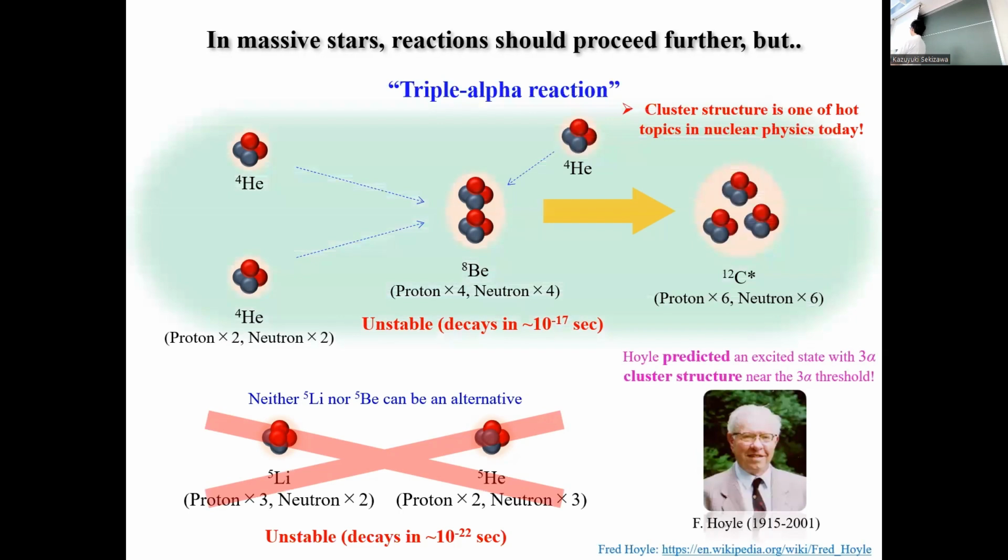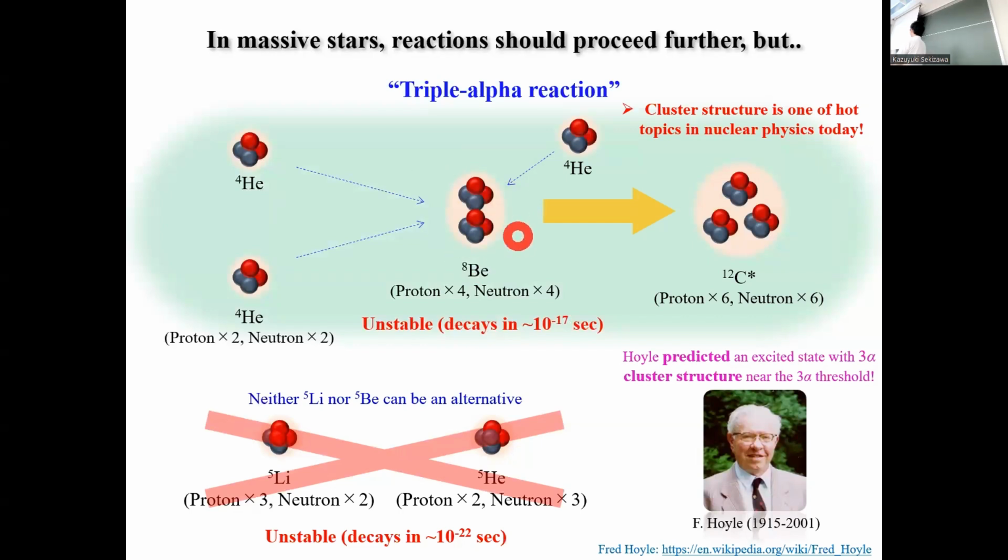The point was, yeah, we have some kind of resonance, the so-called Hoyle state, in carbon 12, in the excited state, which has some cluster structure. Since this cluster state has some energy near the threshold of 3 alpha particles, it can form through this triple alpha reaction.